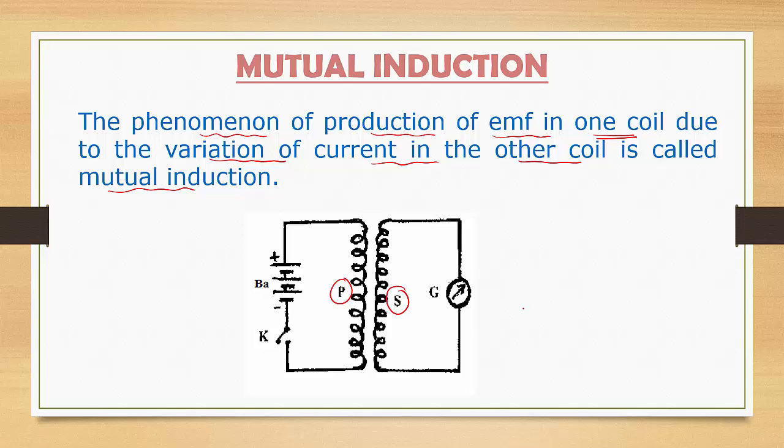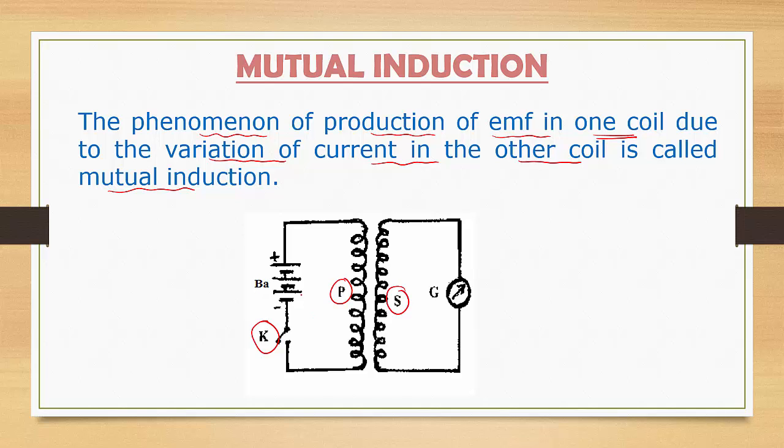Observe here. The first point: when current in the primary coil is increased using this tap key, when this tap key is pressed, current in this coil increases from 0 to maximum. When current increases, the magnetic flux linked with both the coils also increases.